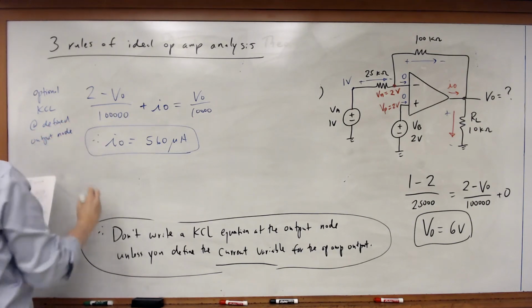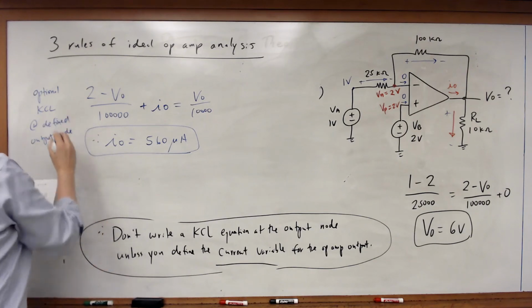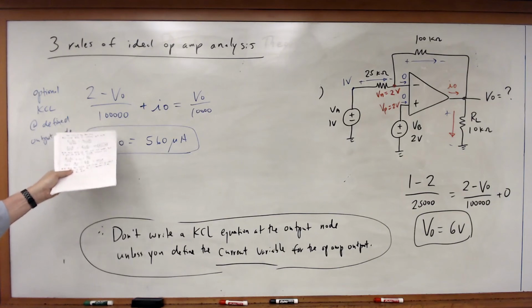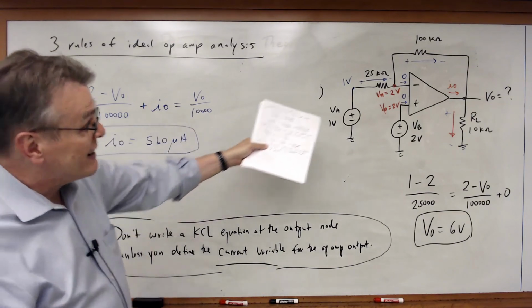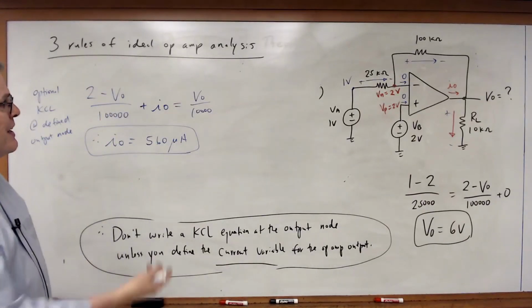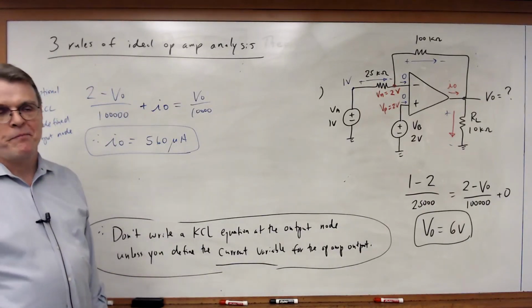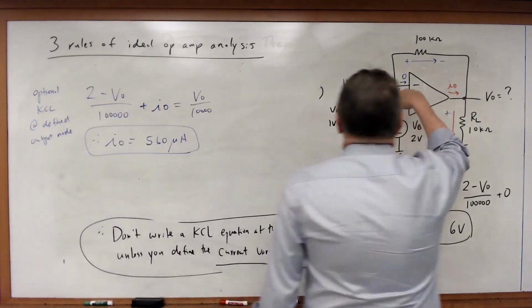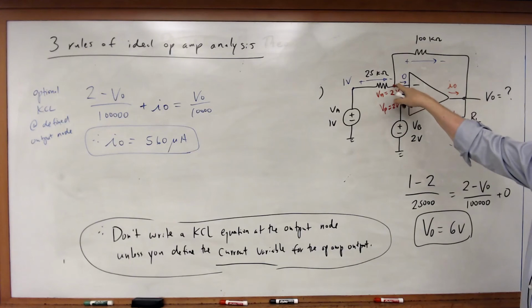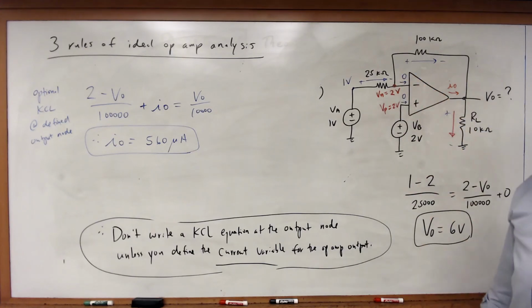My output node is defined, and therefore I don't need to write that, but if I do choose to write it, I'm doing it to find I sub O. I'm adding a KCL equation, but also an extra variable. Just to find the output voltage itself, all I really needed was the KCL equation at that inverting node. So watch out for that.